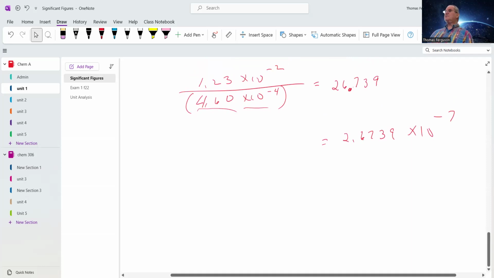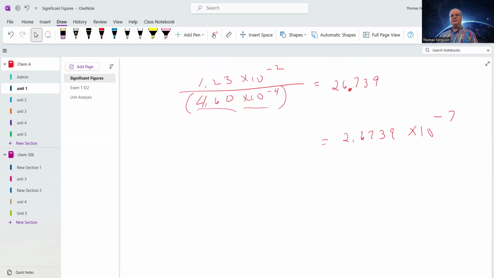As opposed to 0 point with 6 zeros, 2, 6. You mean significant figures? Let me finish this problem because we need to do 3 sig figs on this. So we go to the 4th one, that makes that 26.7.